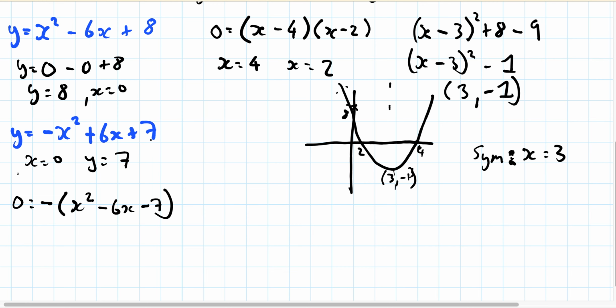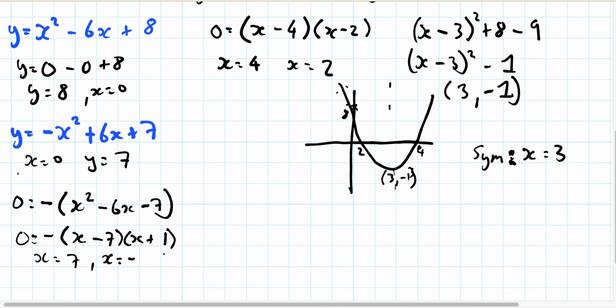So just taking the minus out, that equals minus (x minus 7)(x plus 1) equals 0. So x equals 7, x equals minus 1.